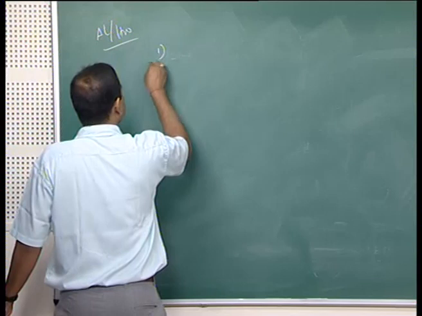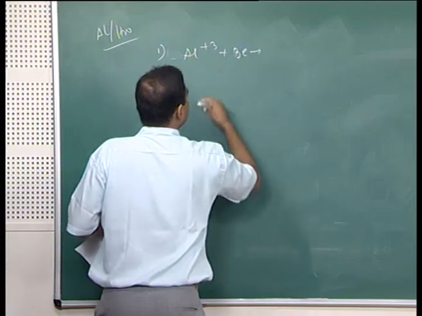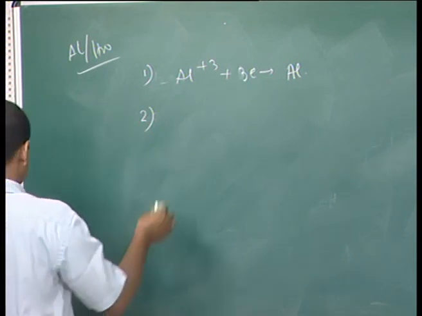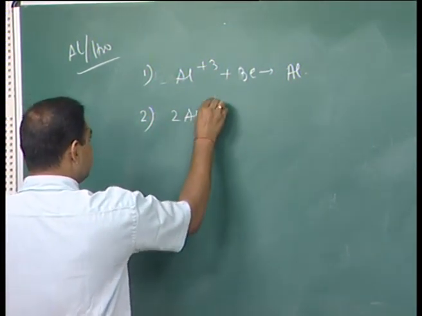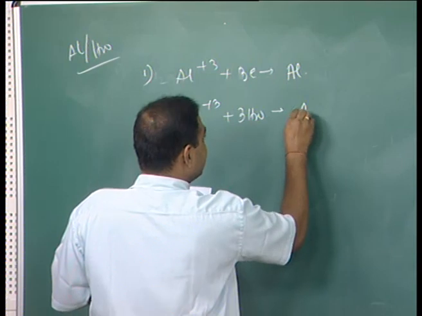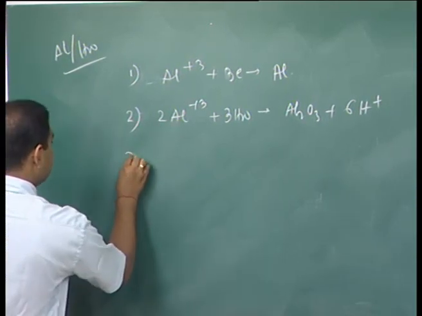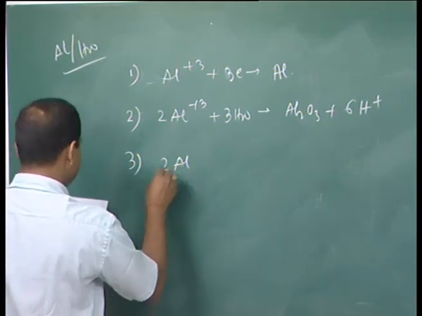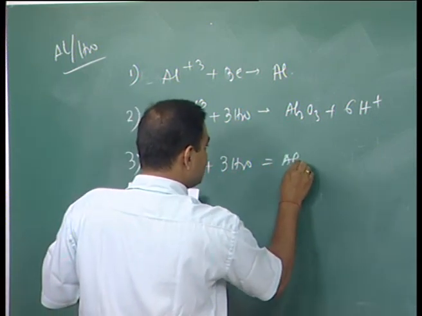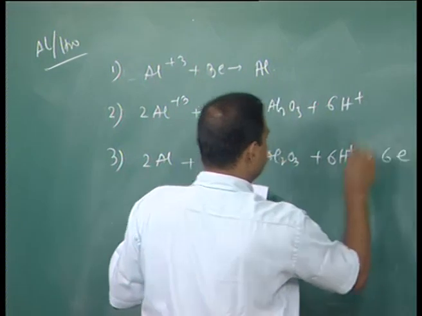The reactions would be, one is Al3+ plus 3e going to Al. This is equation number 1. Equation number 2 would be 2Al3+ plus 3H2O going to Al2O3 plus 6H+. 3: 2Al plus 3H2O going to Al2O3 plus 6H+ plus 6e.